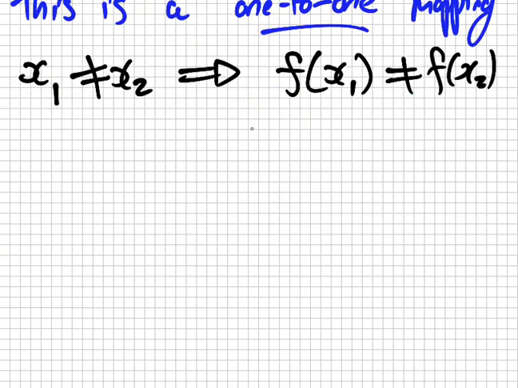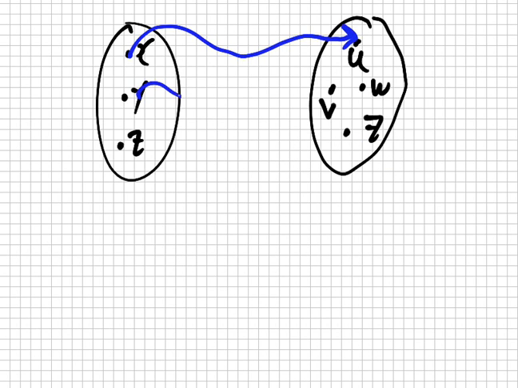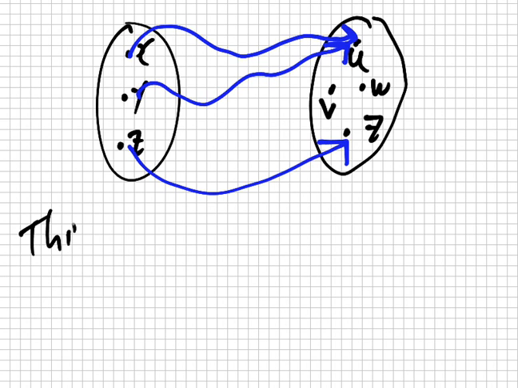Alright, so let's look at our next example, because I said there's 4 types. Again, we'll do x, y, z, and here let's call it u, v, w, something. So X goes to U, Y goes to U, and then Z goes to Z, something like this. This function is many to 1.